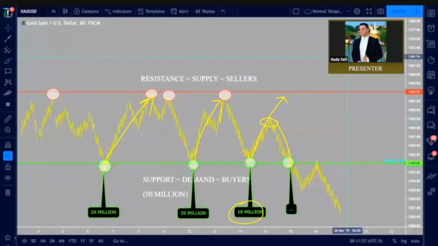So I hope at this point all of you fully understand, at least from a conceptual basis, what's causing support and resistance, what's causing these horizontal lines that you're drawing on your chart to actually have weight so that you can have confidence in putting money on the line.